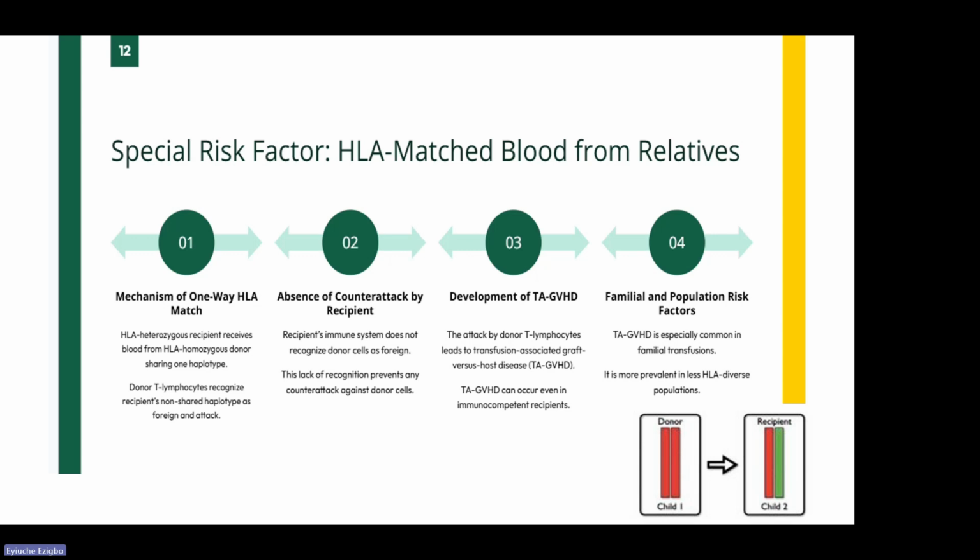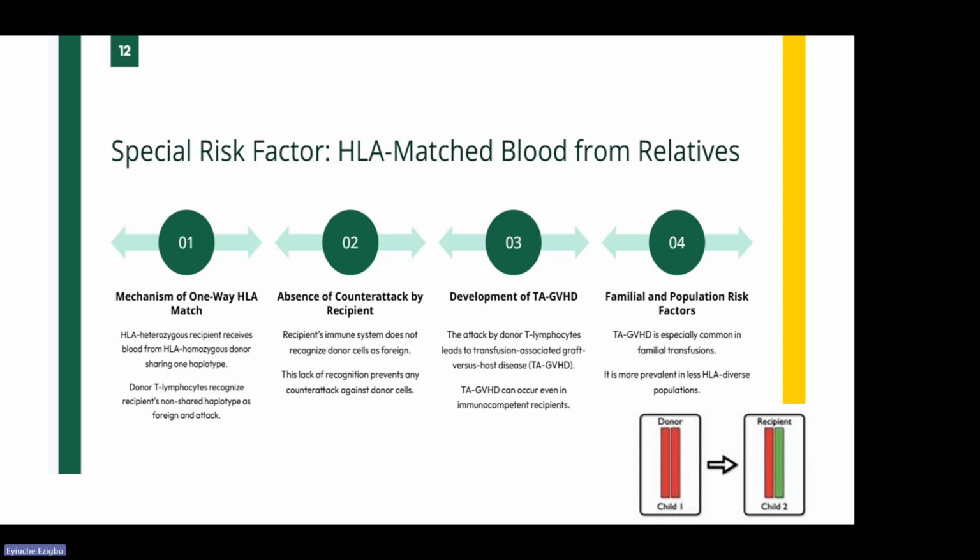The HLA heterozygous recipients receive blood from an HLA homozygous donor sharing one haplotype. Donor T lymphocytes recognize the recipient's non-shared haplotype as foreign and attack. That's what I was explaining to you.